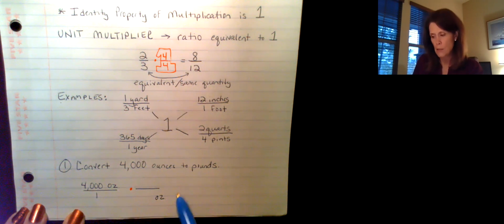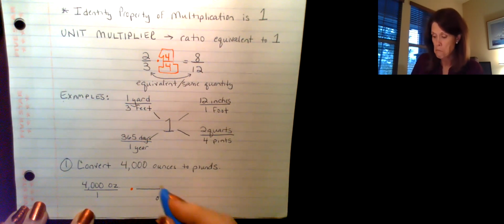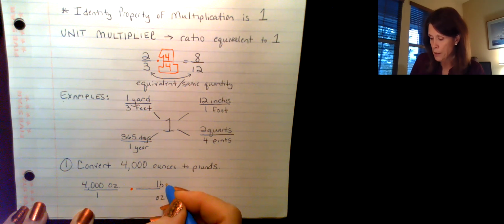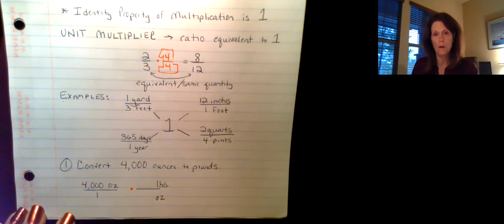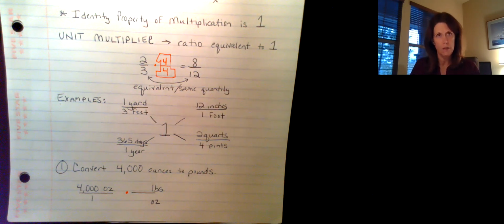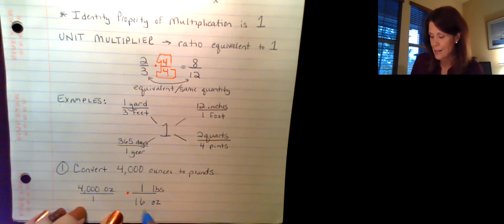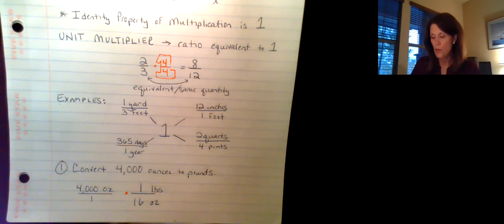So if I'm trying to move it to pounds, I'm going to put pounds up here. And so what unit, comparing ounces and pounds, would be equivalent to 1? Well, hopefully you know that 1 pound is equivalent to 16 ounces. So this is a unit multiplier. This is equal to 1.